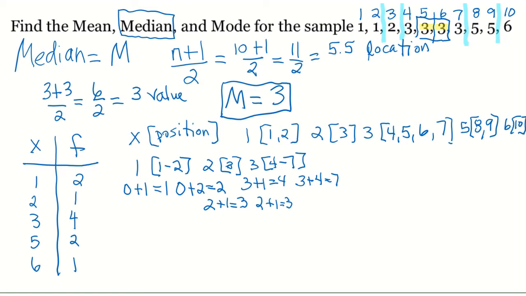Then I'm going to do the same thing for 5. I'm going to take that 7 and add 1. That's going to be the lower boundary for my 5. And then I'm going to take a 7 and add 2 because it has a frequency of 2 to get the upper boundary.